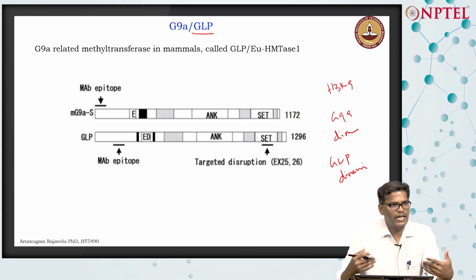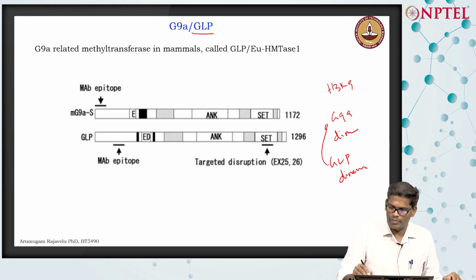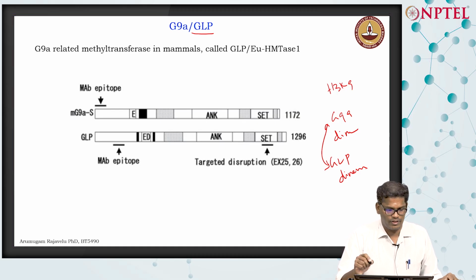It is almost similar to DNMT3A and 3B. In most cases they work together. In fact, studies show that these proteins may form a complex and then function to introduce the dimethylation in the euchromatic genes. So, dimethylation itself is sufficient to repress the genes in the euchromatic regions.